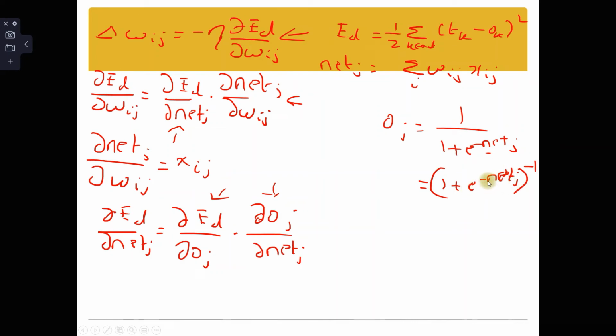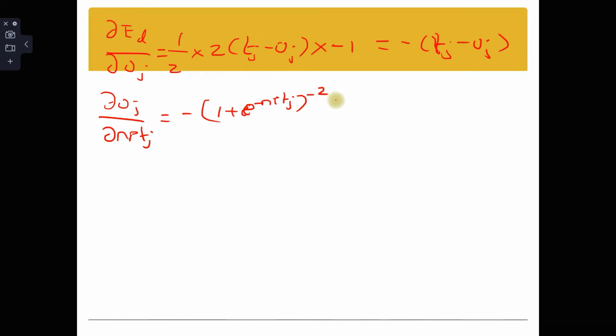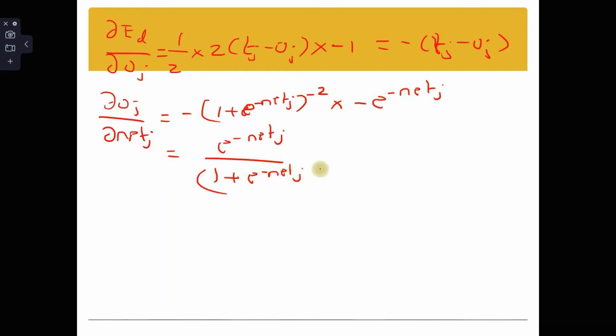If you have negative x here, it becomes negative 1 times e power negative x. The negative sign disappears, as you see, and then the negative 2 power goes down. So we have e power negative net j over 1 plus e power negative net j, all squared.